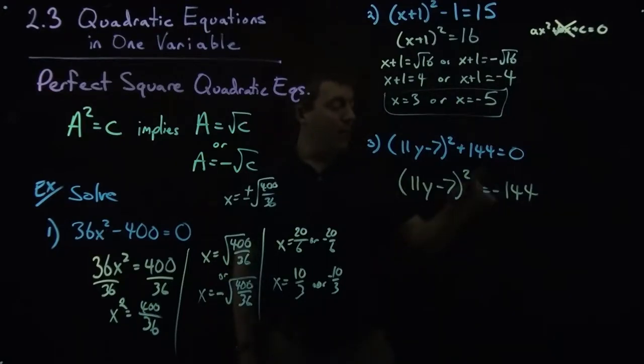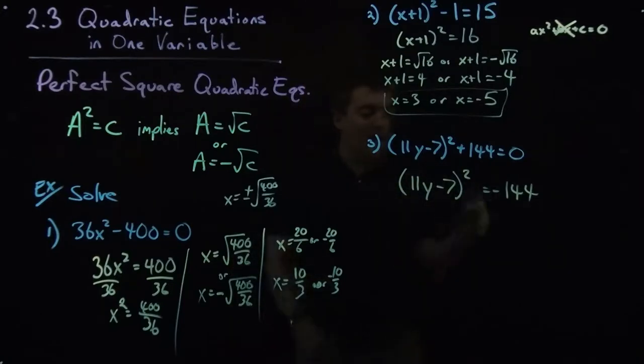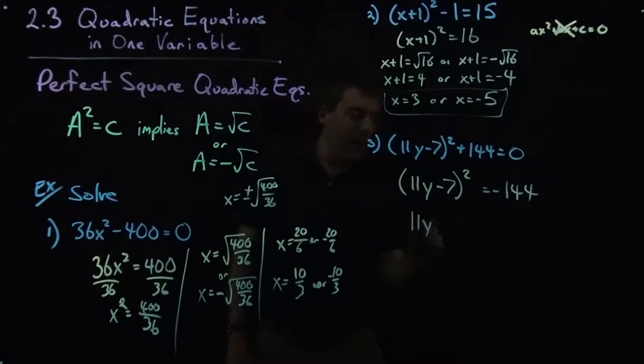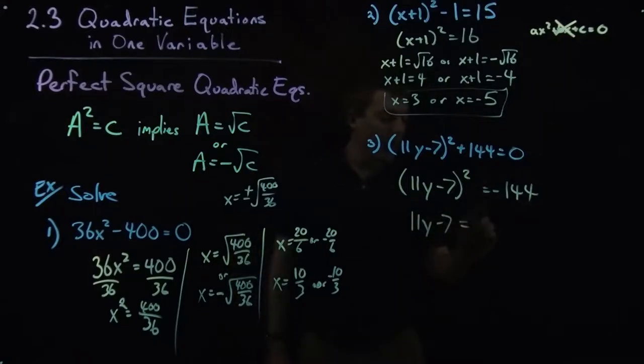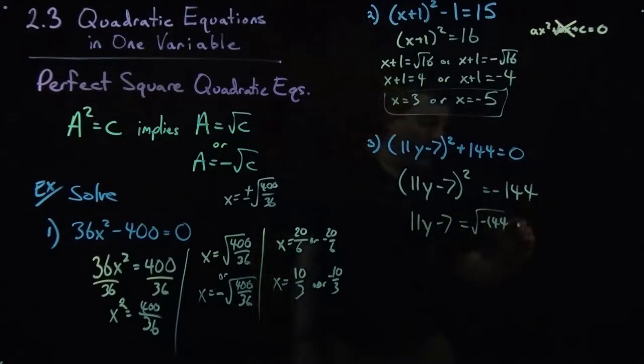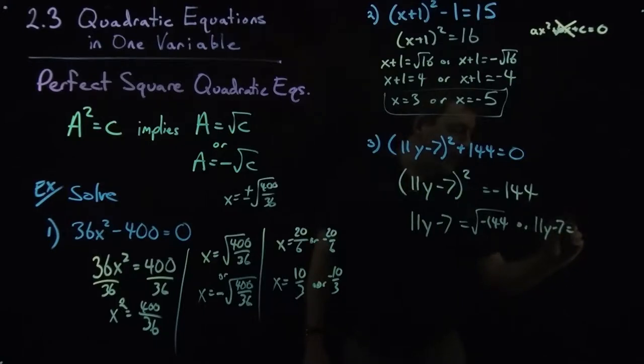Sorry, did not mean to trick you, but here we have a square equal to a negative number, and if we apply the square root, we've got 11y minus 7 equals the square root of negative 144, or 11y minus 7 equals the opposite of the square root of negative 144.